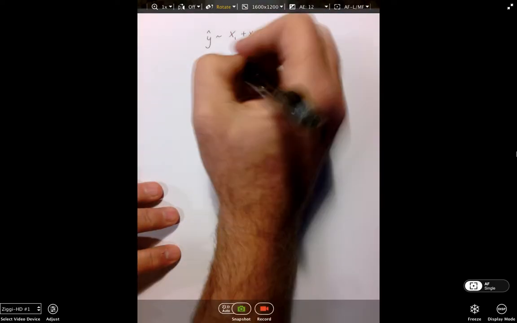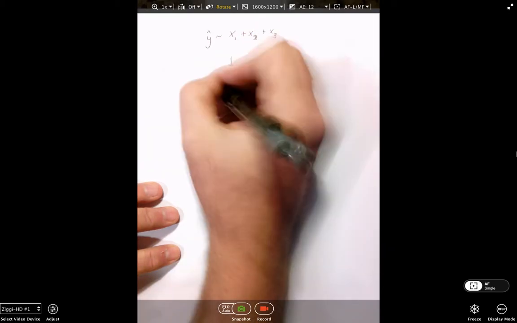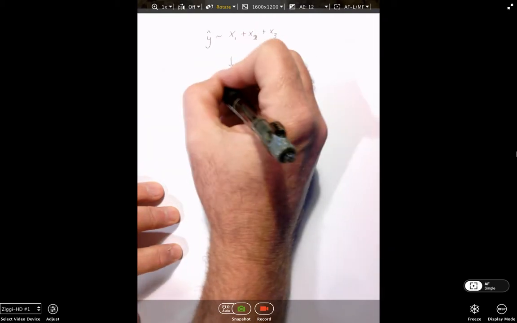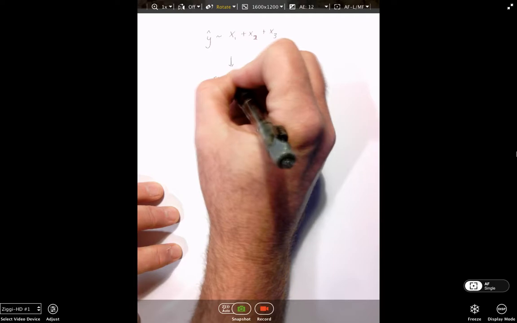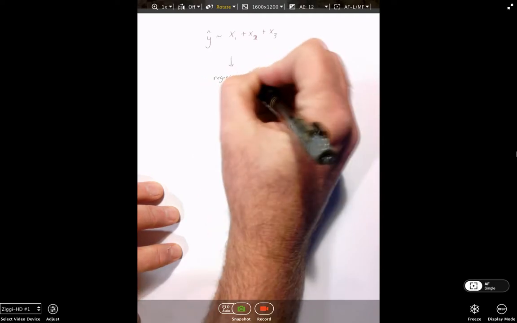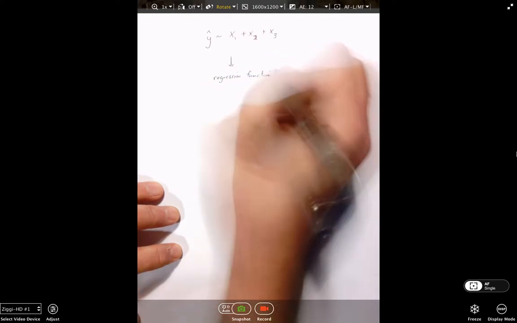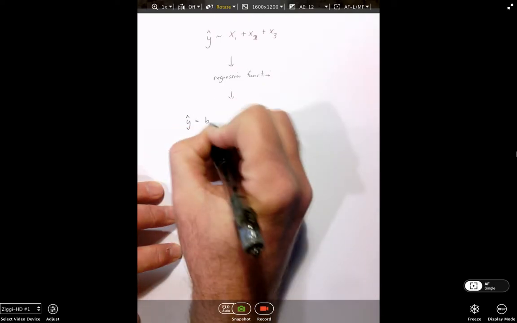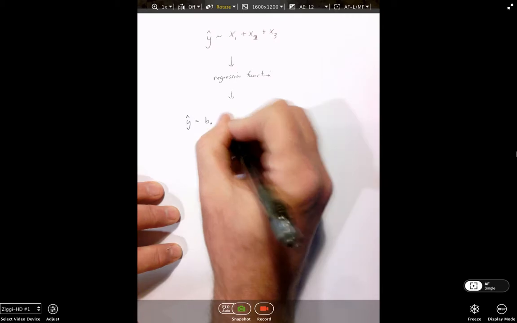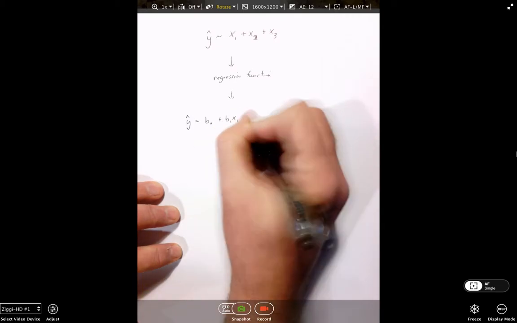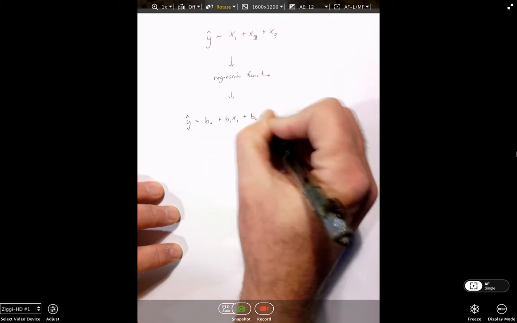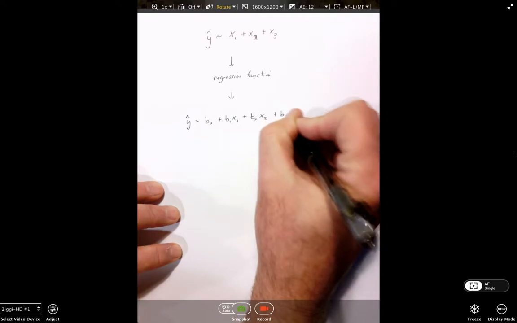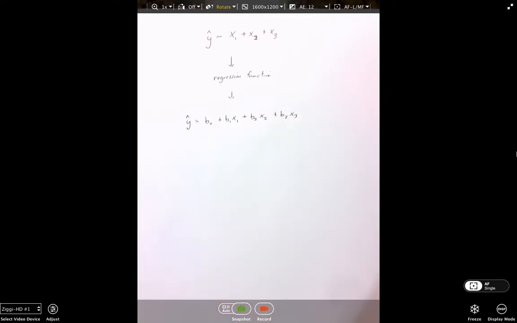So the first thing we would want to do is come up with the regression function. So we would have y hat equal b0 plus b1 x1, plus b2 x2, plus b3 x3.